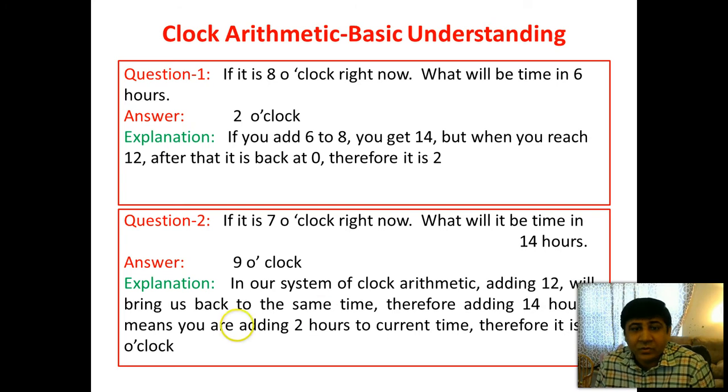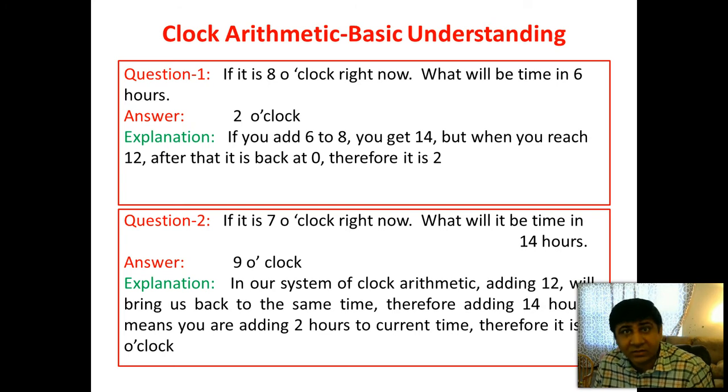Therefore, adding 14 means you are adding 2 hours to the current time. Since it was 7 o'clock when we started, now it will be 9. You see how we have to remain on the clock. Even if we go beyond that by simple addition, we have to come back to the clock logically, based upon the clock we're dealing with.